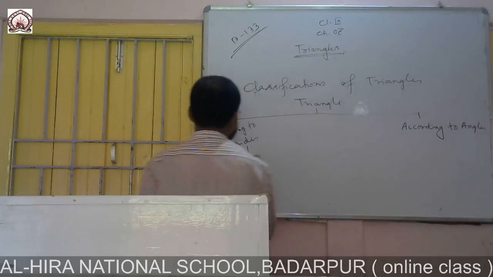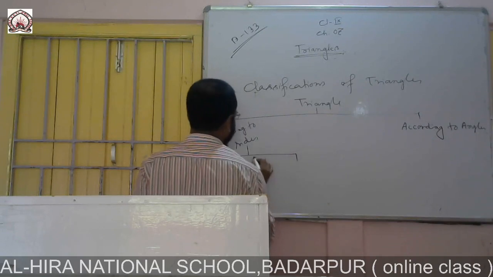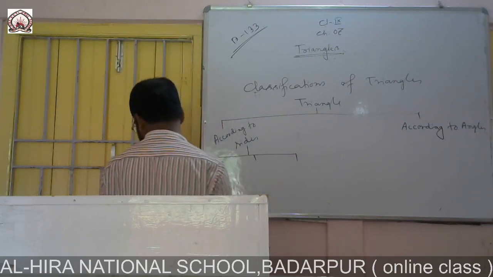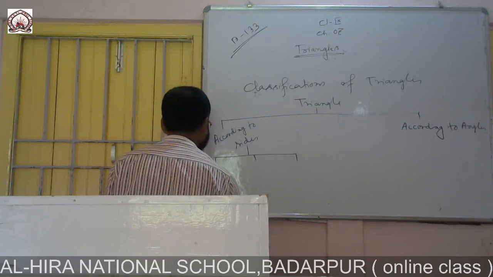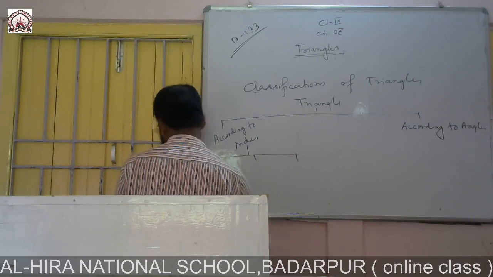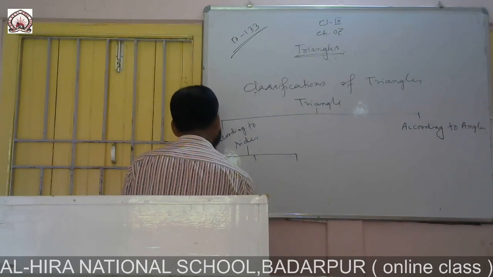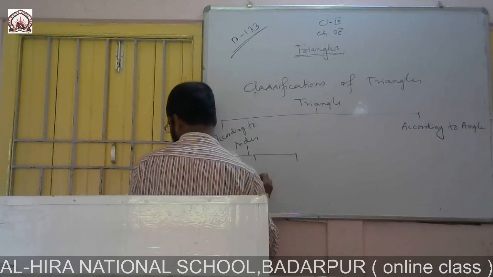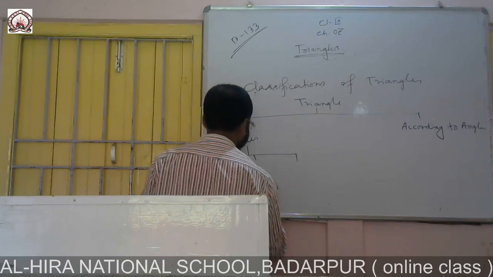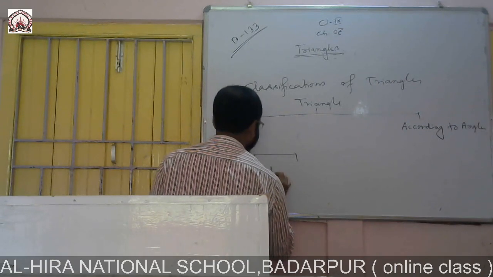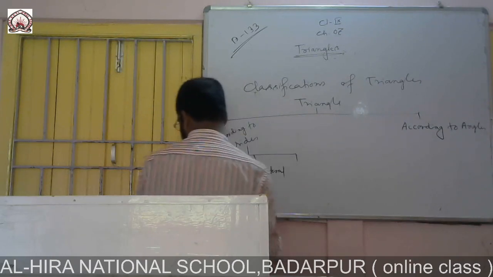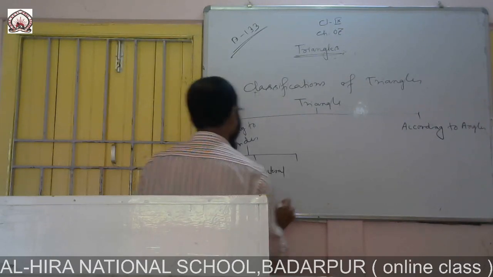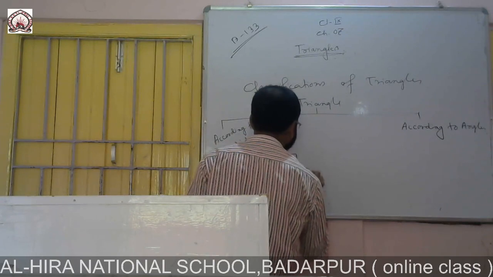According to sides there are 3: one is scalene, S-C-A-L-E-N-E, number 2 is equilateral, and number 3 is isosceles.